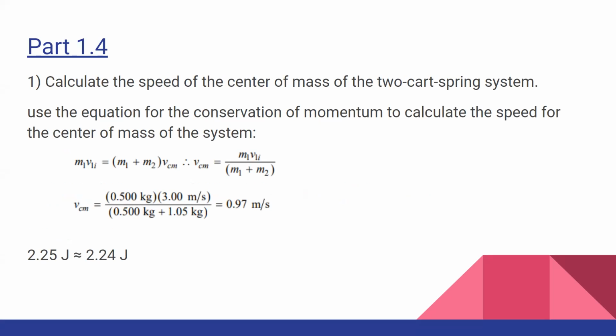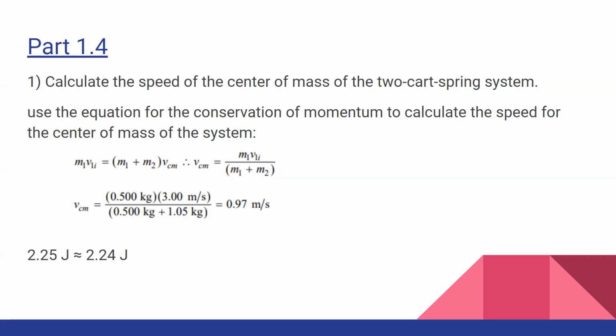Calculate the speed of the center of mass for the two-cart spring system. Here what you would use is conservation of momentum. Because throughout the system momentum is conserved, the net momentum must be the same as the momentum of the center of mass, and all you have to do is find the mass there.